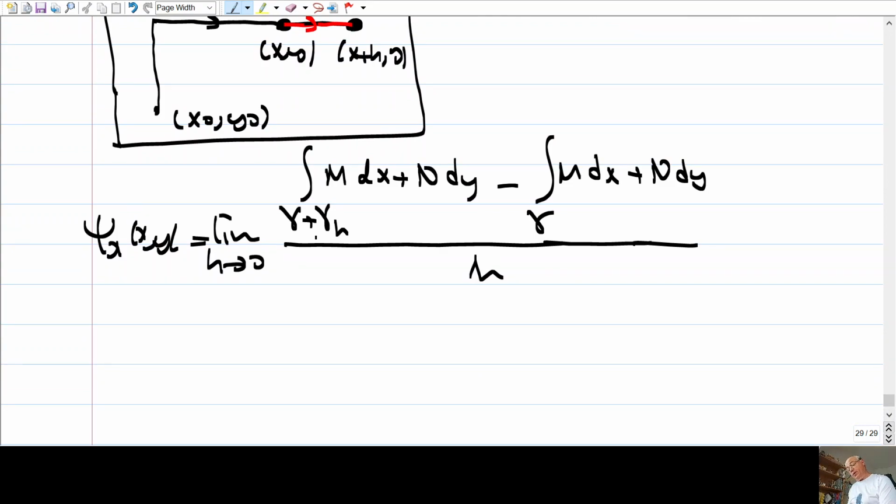Well, you see, this is the integral first along gamma and then plus along gamma h. But I subtract the integral along gamma, so they will cancel each other. So this integral will be cancelled with this one. Okay, so what is left?